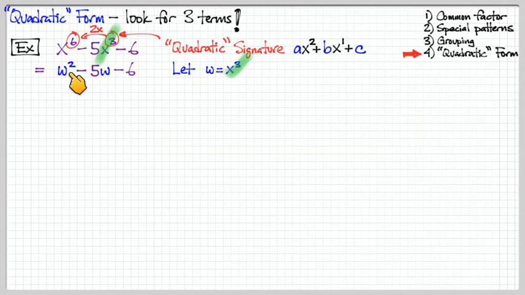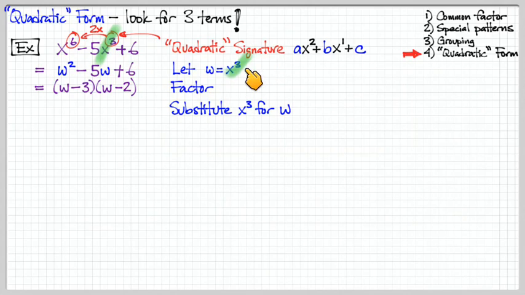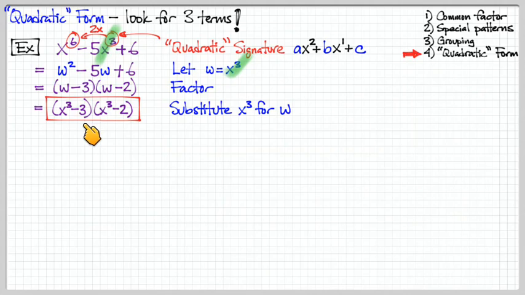Now it looks like a nice little quadratic here, and now I could think, can I factor it? Yes, I can. Oh, wait, these need to be pluses. I have a mistake in my notes. Okay, so now it's factorable. We have w minus 3, w minus 2 is equal to this up here. Don't stop. Let's do one more step. Let's substitute back the x cubed for the w, and now we're done at this point.